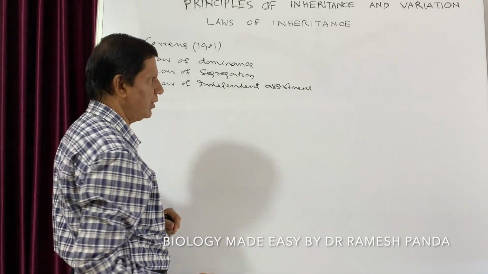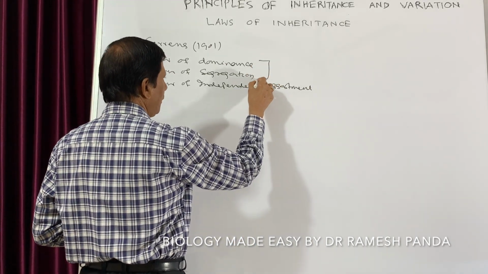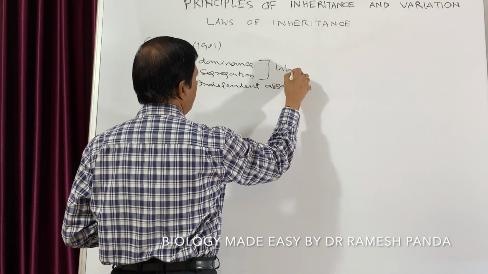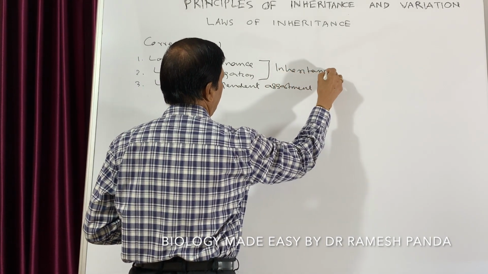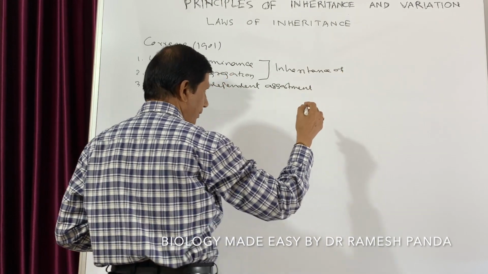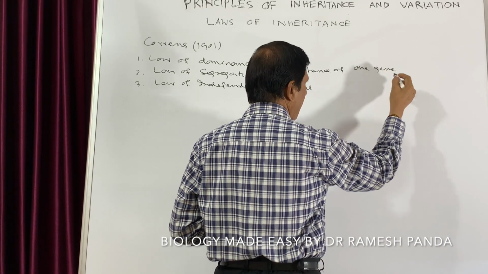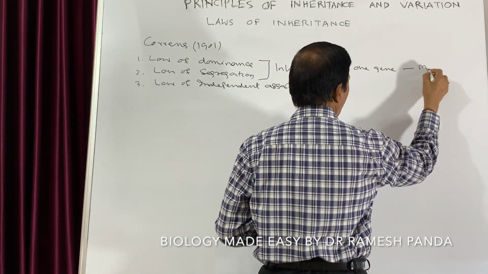Out of these three laws, the first two come under inheritance of one gene, and are based on monohybrid cross.